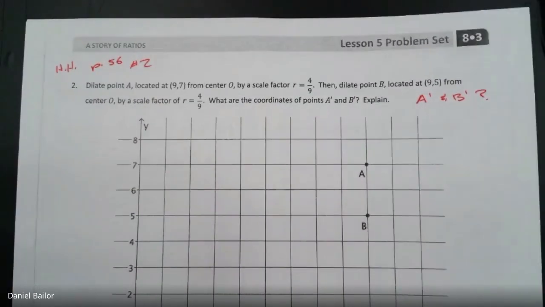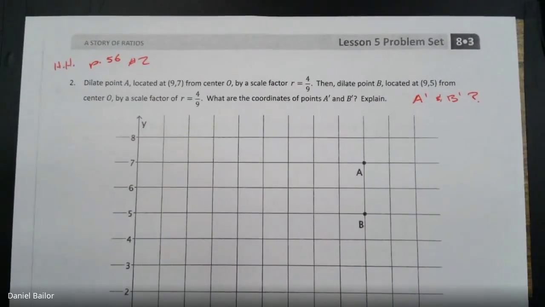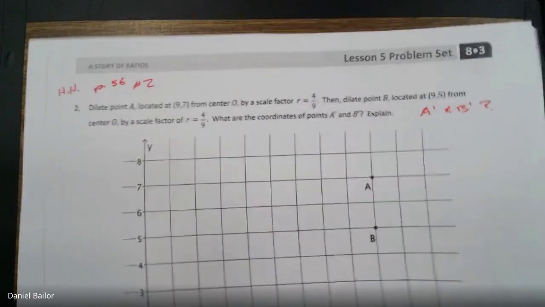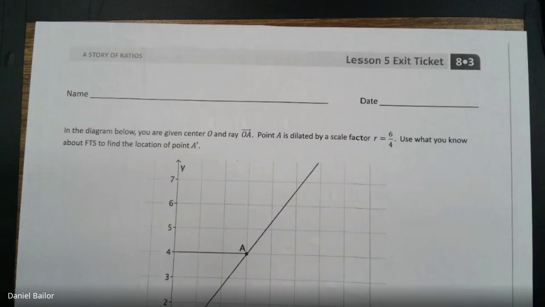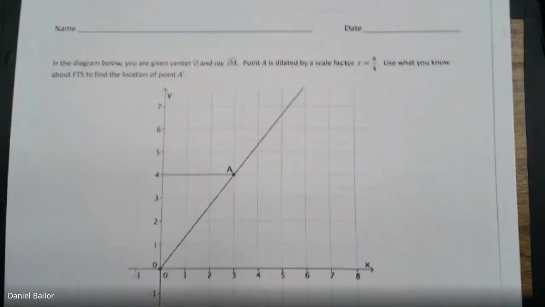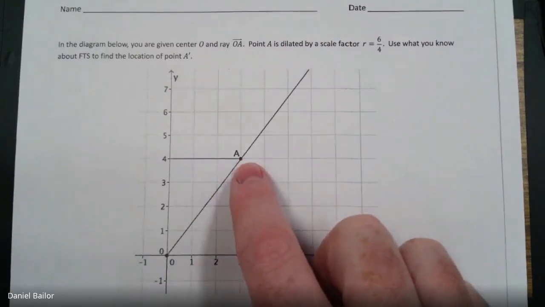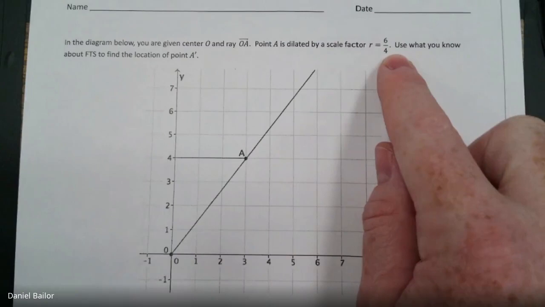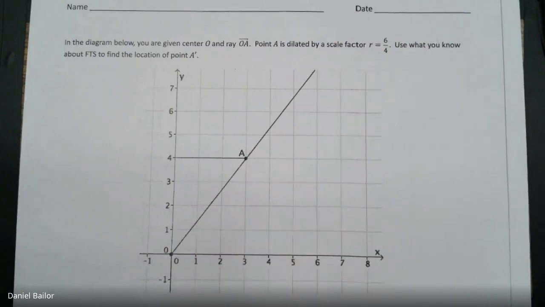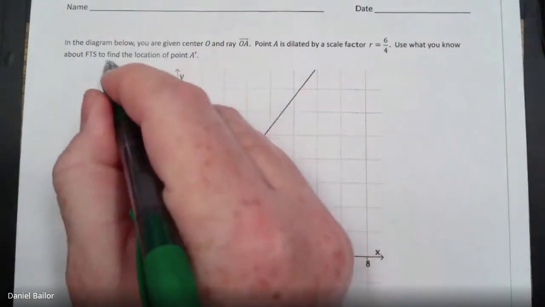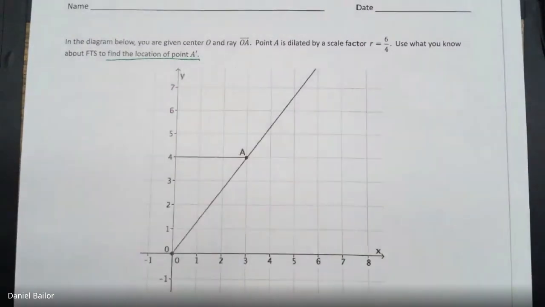You can practice on the problem set, and my answers will be posted on the Google Classroom, so you can check your answers with mine. And when you check your answers and you know what you're doing, it's time to work on the exit ticket, which is right here, where you are given point A and scale factor 6/4, and it wants you to find the location of A prime after the scale factor.